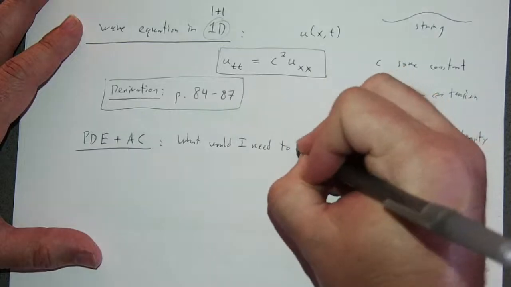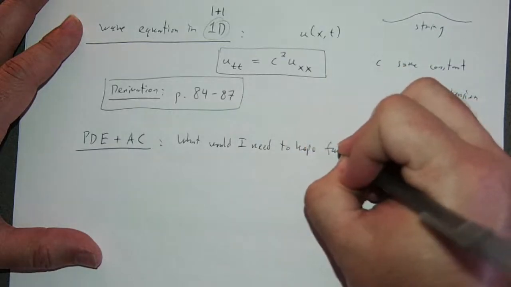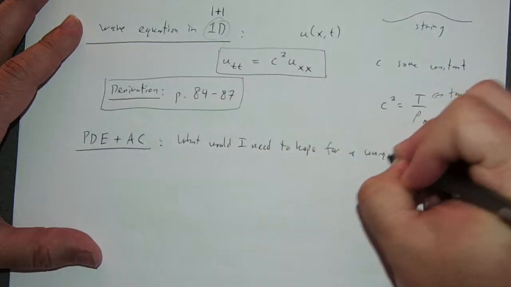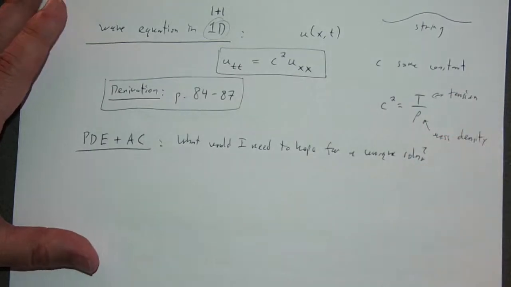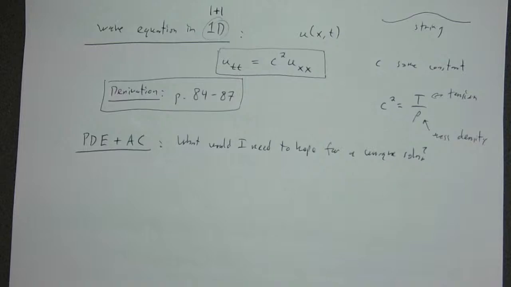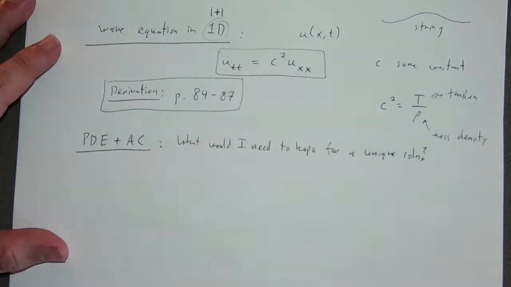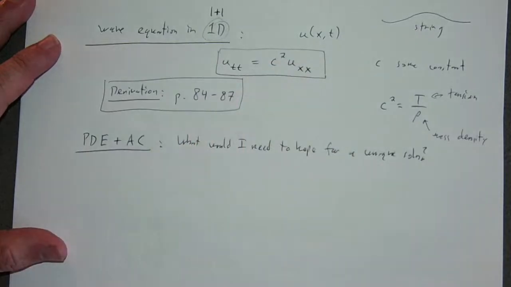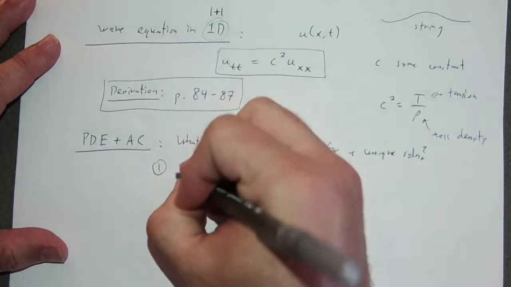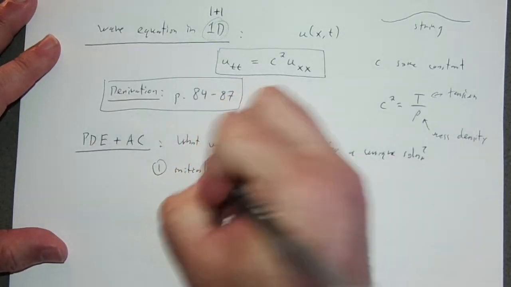What would I need to hope for a unique solution? Well, I would need the initial displacement of the string. That is telling me something about this initial disturbance, right? So one, I need the initial displacement of the string.